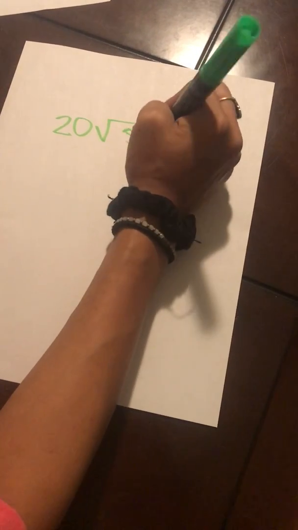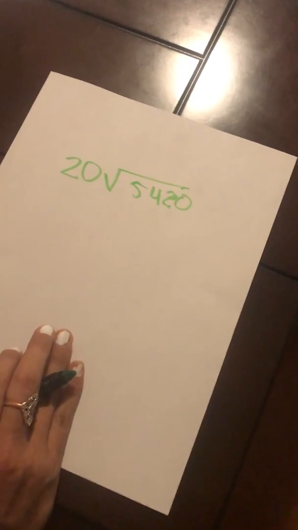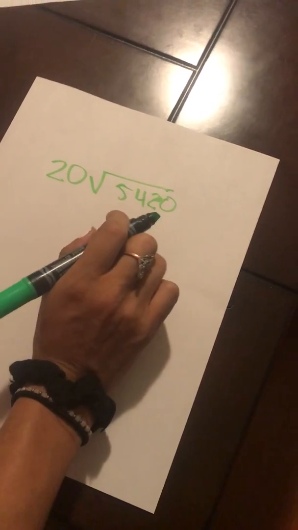So we're going to do one more problem using somewhat bigger numbers, just for funsies. So we're going to do 20 divided into 5,420. Since this is a pretty big number, we're going to use 200.